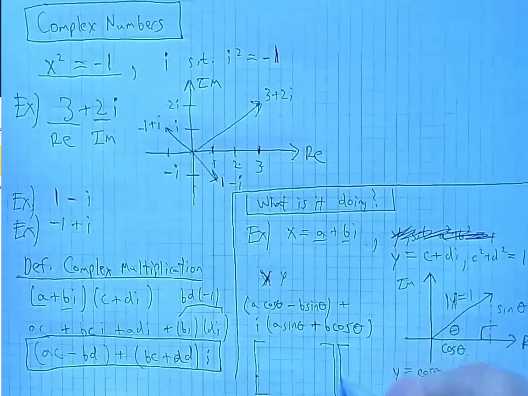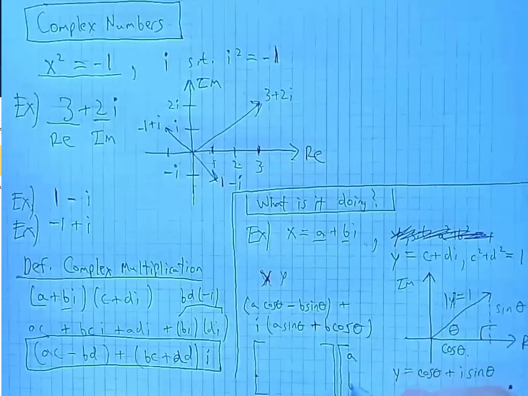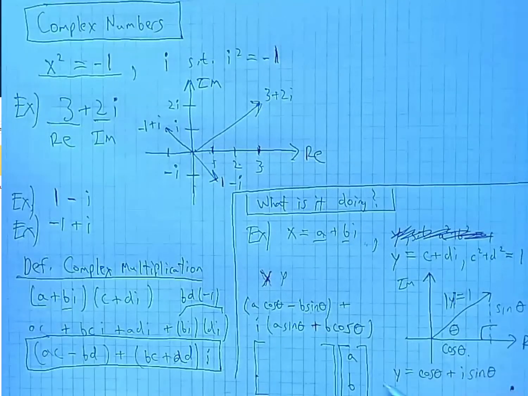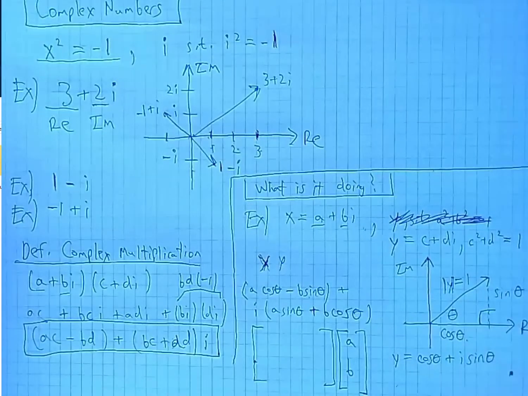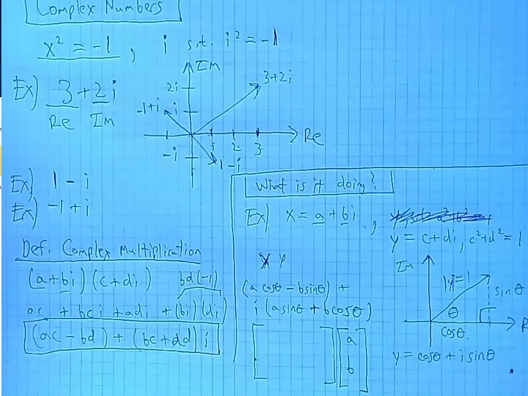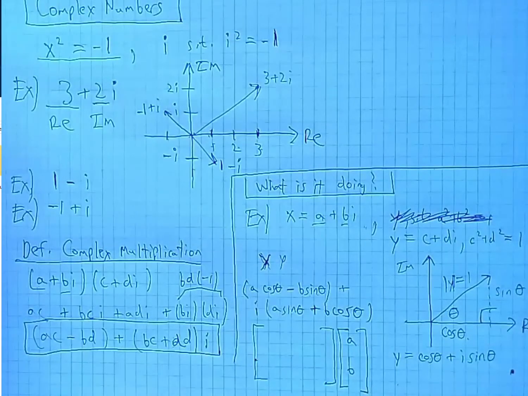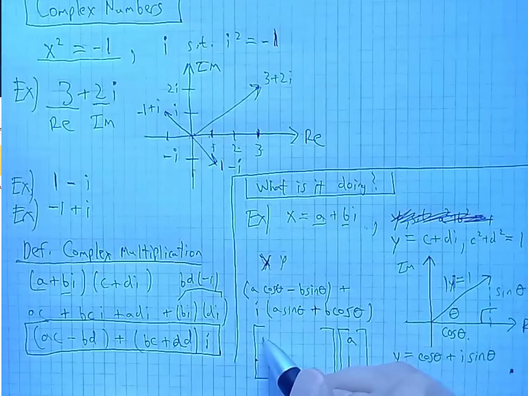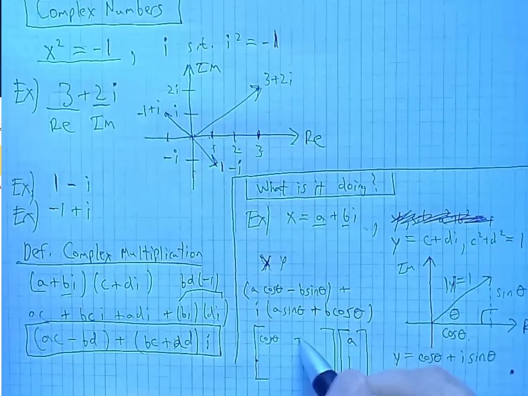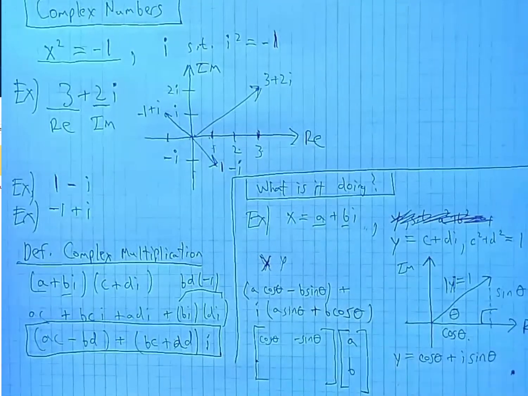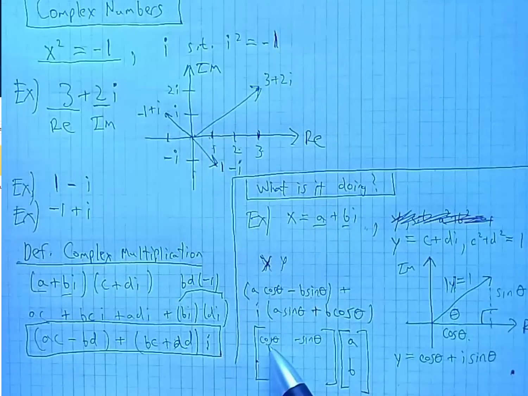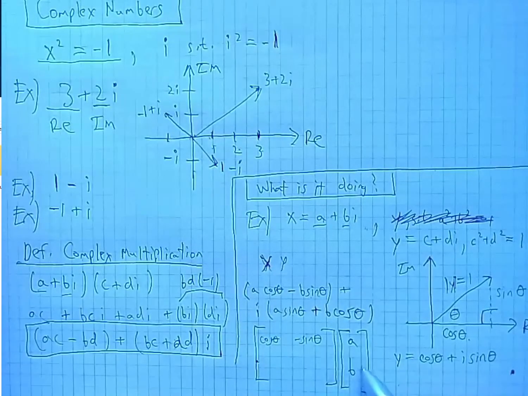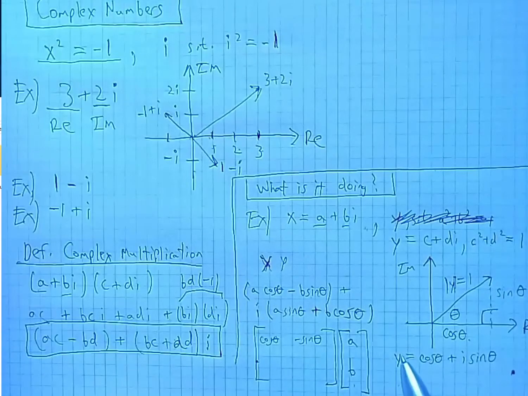If I am going to do a matrix multiplication with a, b in it, then I can arrange this and say, if I put cosine theta, negative sine theta in the first row, I'll get the real part: cosine of theta times a minus sine of theta times b.